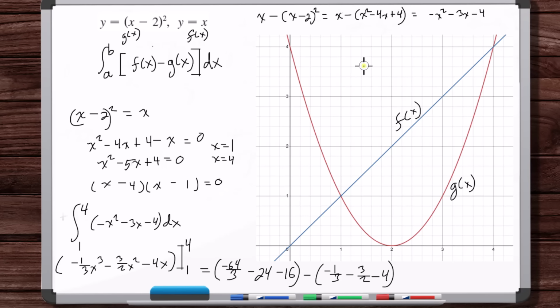Okay, let's see where this should be. So you got minus x squared. All right, went too fast here. So this is x minus x squared plus 4x minus 4. So minus x squared plus 5x minus 4. Okay, so this is plus 5x. And so this is plus here.